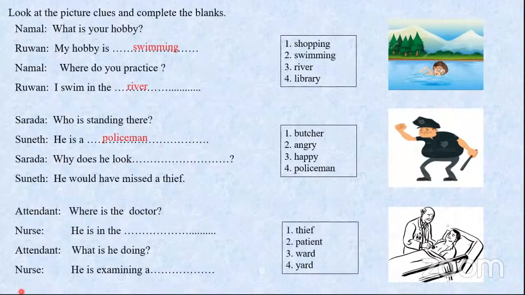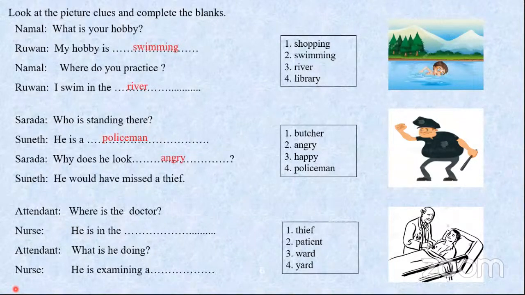And when we look at his appearance, we can see he is in an angry mood. So he's not happy. So we can get the answer. Why does he look angry? Then Sunet replies, he would have missed a thief. Right? He would have missed a thief.